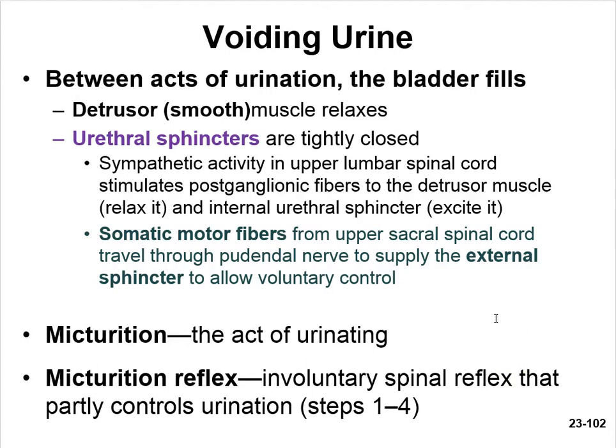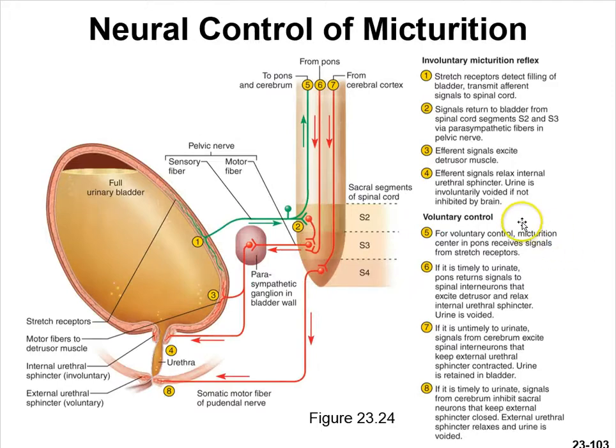Micturition is the act of urinating, and the micturition reflex is the involuntary spinal reflex that partly controls the first 4 steps of urination. And here they all are. There's 8 total steps.